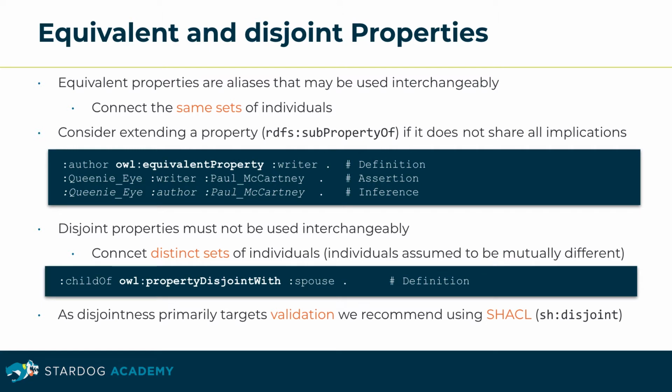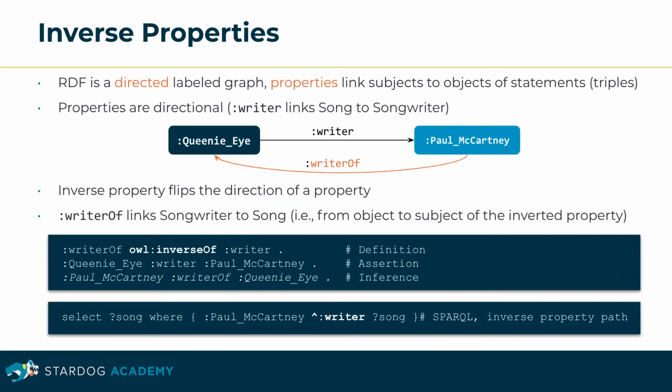As disjointness primarily targets validation, we recommend using SHACL constraints, for example, the SHACL disjoint constraint, to prove. RDF is a directed labeled graph where properties link subjects to objects of statements. Properties are directional.